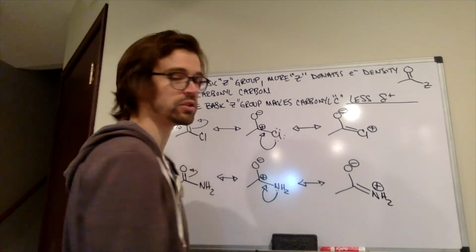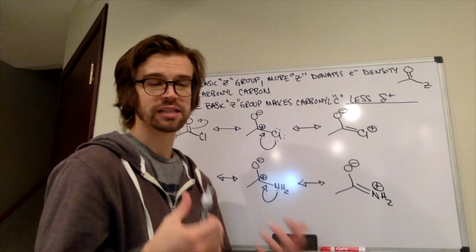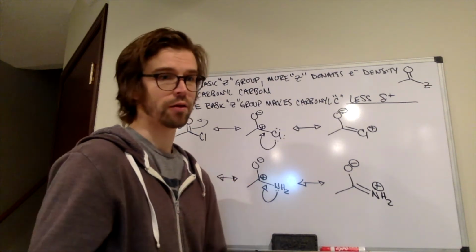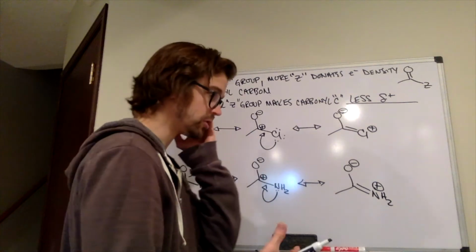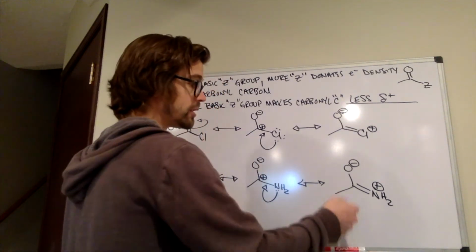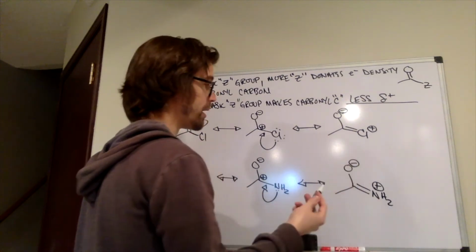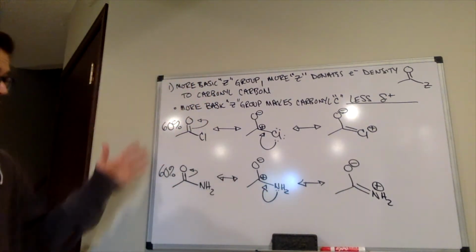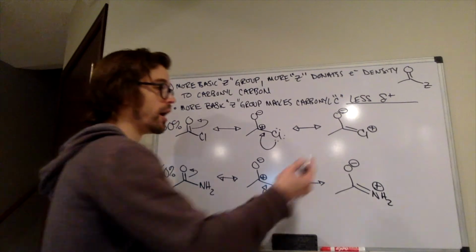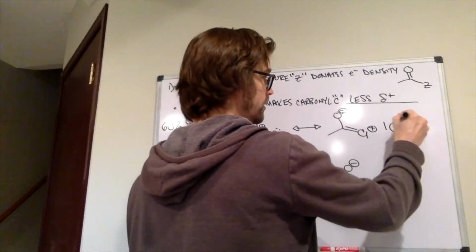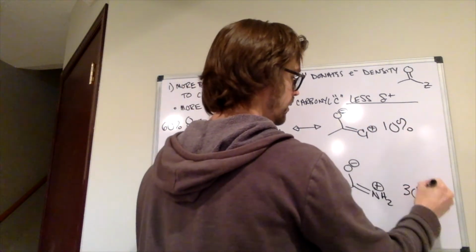We've seen nitrogen be positively charged in a stable form throughout much of our chemistry study. So this is a really stable positive charge, whereas this is a really unstable positive charge. So if this is 60% of the resonance forms, this might be 10%, while this is 30%.